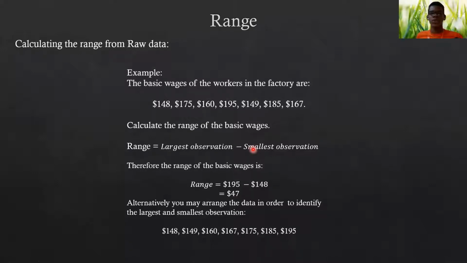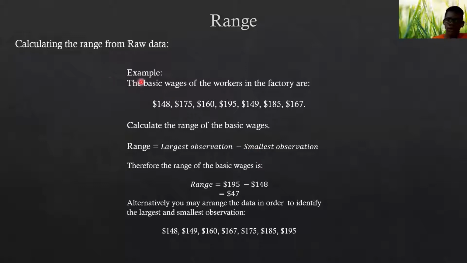Again, even with our measures of dispersion, we moved on from central tendencies. Even with our measures of dispersion, we got to be able to get it from raw data, frequency table with ungrouped data, and frequency tables with grouped data. We got to be able to get it from any given situation.